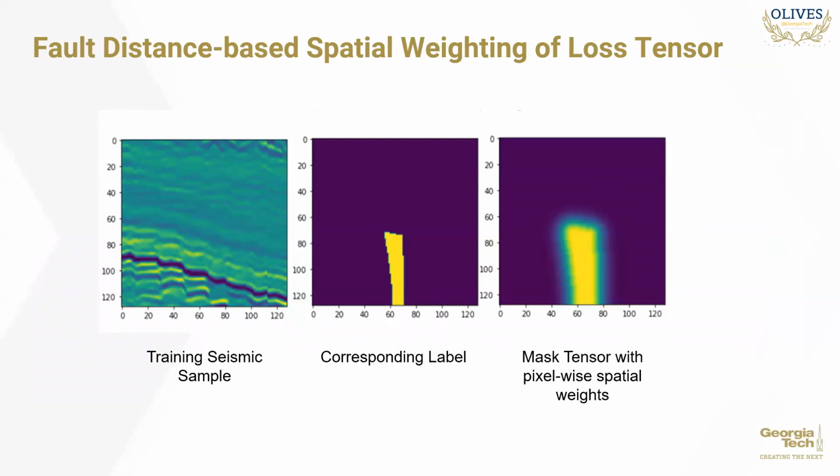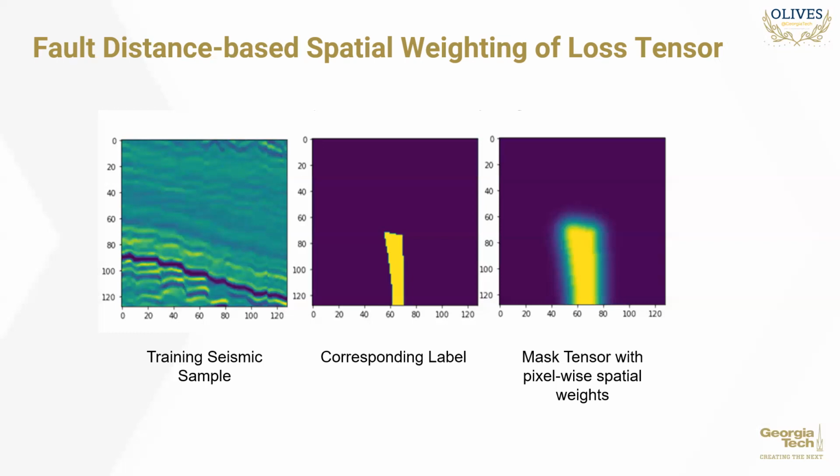And then the second approach that we take to model uncertainty on a pixel level basis, on a more granular basis, is for each seismic sample that we take from the original image and for its corresponding label, we have a spatial mask that basically penalizes the loss tensor based off the distance to the ground truth fault. So in the image on the right, you have a mask where the pixel values represent the weights or the emphasis for that pixel value in the loss tensor.